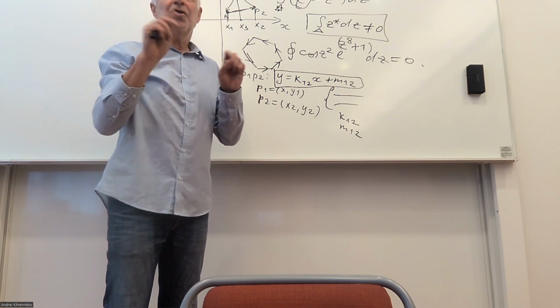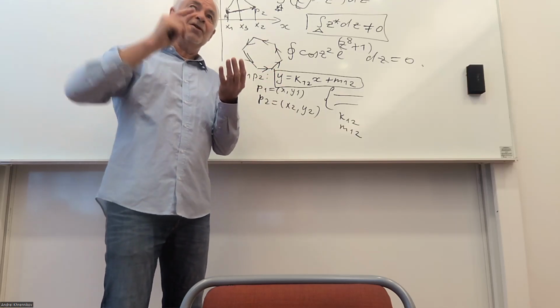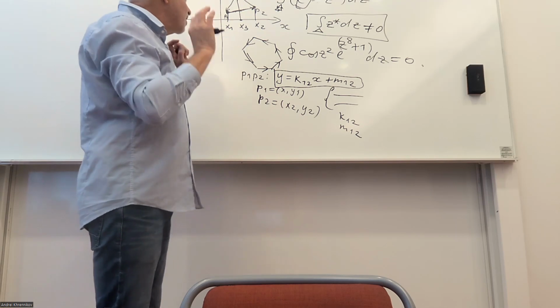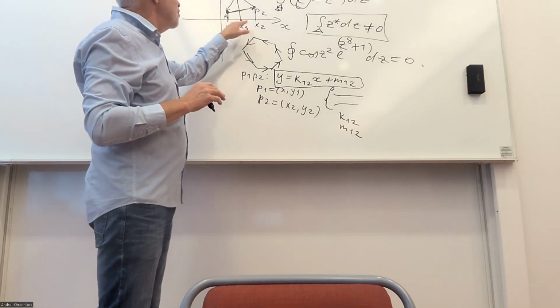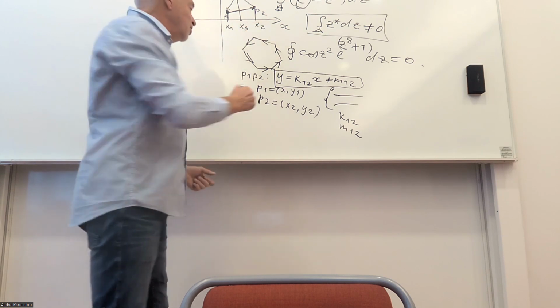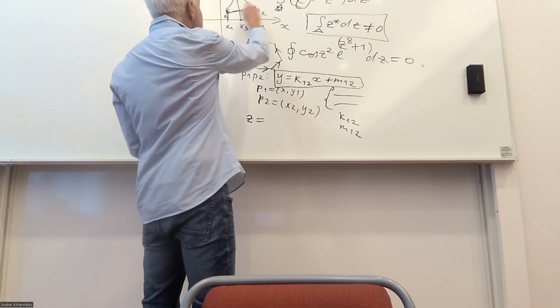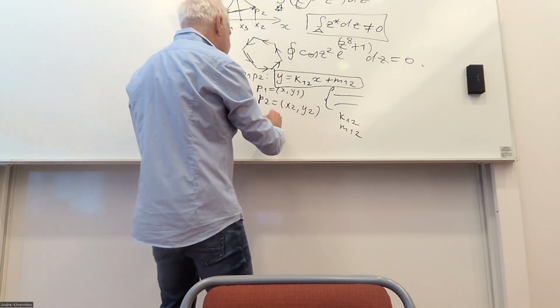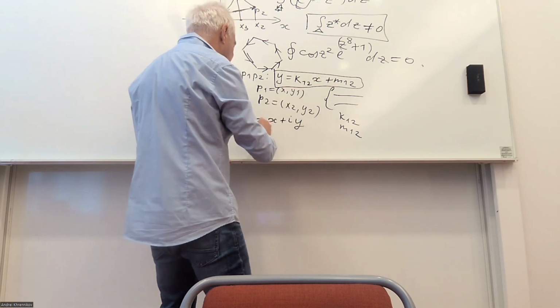Generally, you don't need this. It would be just an integral, not from 0 to 1, but an integral from x1 to x2. So my suggestion: always use the most natural parameterization from x1 to x2. So now z is equal, on this line, to x plus i y, and now I put y.